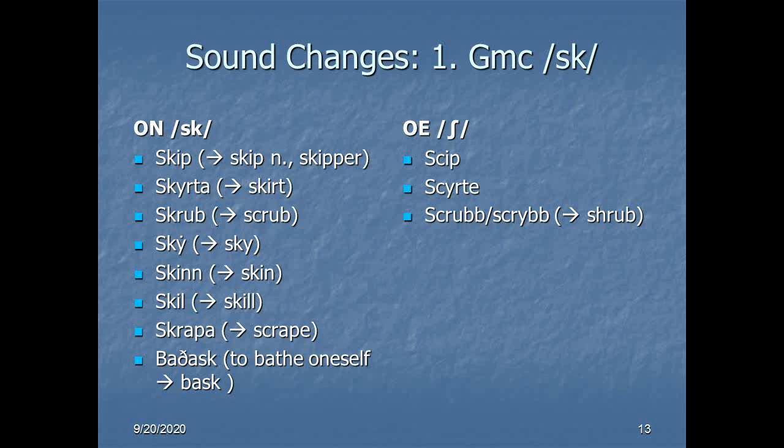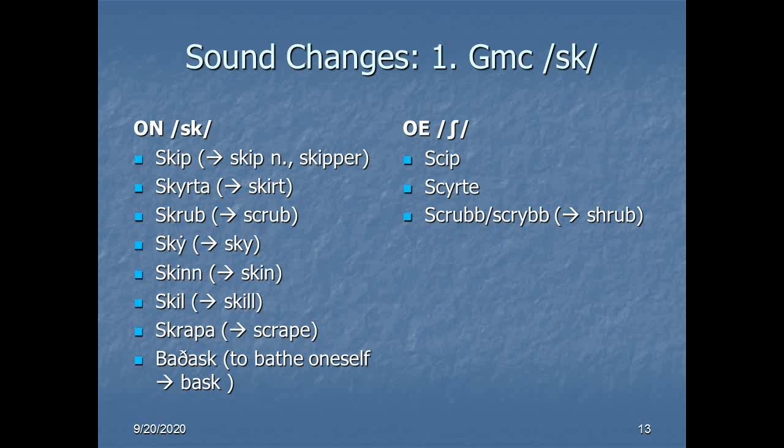So we have, for example, the sk sound in Old Norse, which in Old English becomes sh. So the word skip in Old Norse and the word ship in Old English are the same word, and they mean that thing that you sail in on the water.